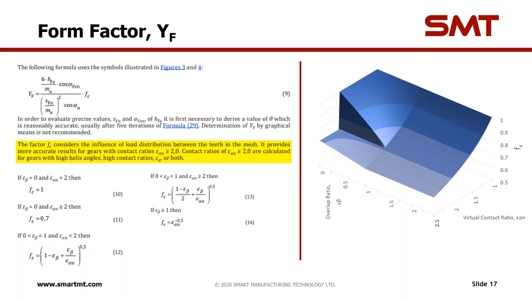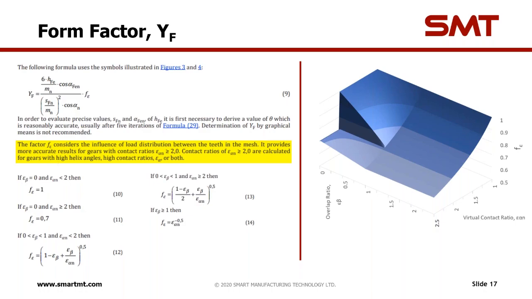The F epsilon value would be equal to 1, which would mean the values would be identical to the previous versions for spur gears with contact ratio of 2.